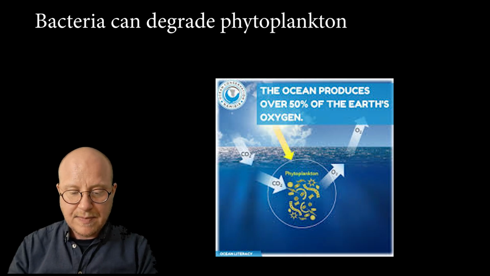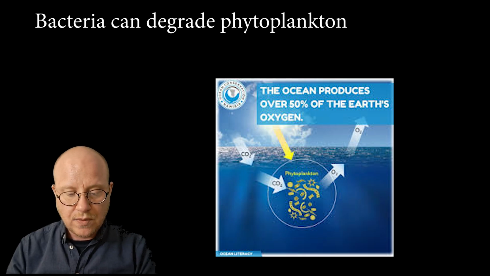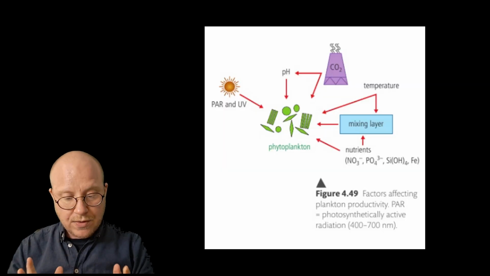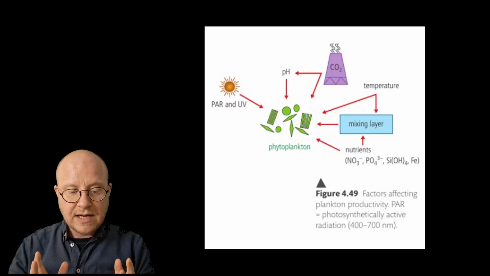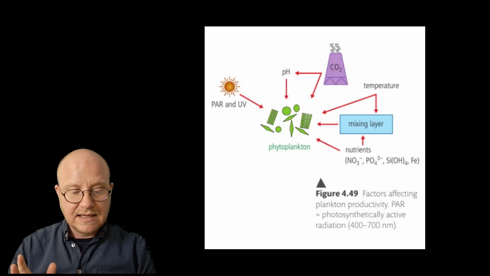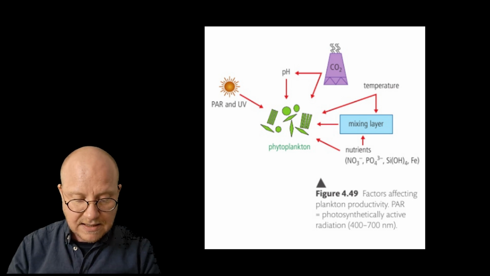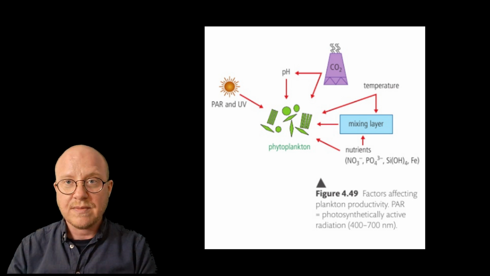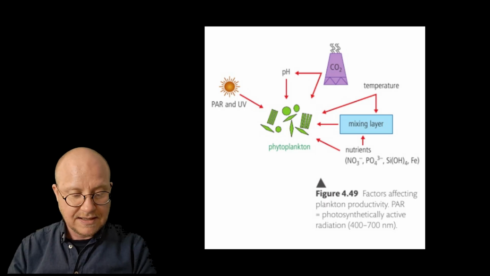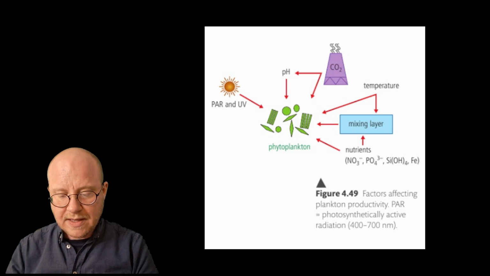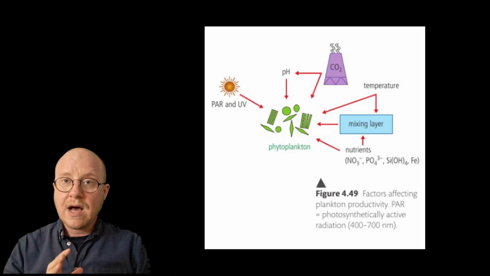Phytoplankton cells depend on nutrients for growth, including macronutrients such as nitrate, phosphate, and silicic acid. I'm going to go with that as the pronunciation, silicic. These nutrients are common where ocean water is upwelling.